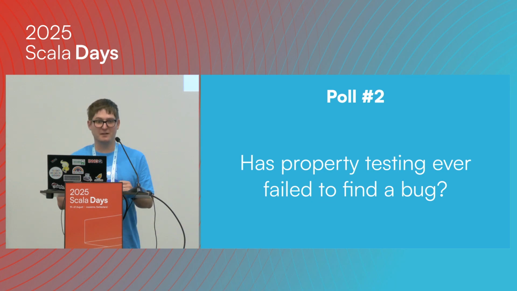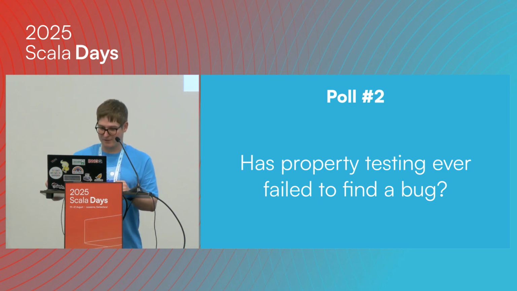Anyone want to yell out two or three words on what domain that was, where it failed to find a bug? Complex business domain, yeah? Yeah. Big state space, I guess, is one of the problems, yeah.